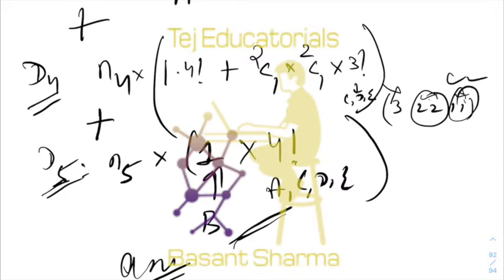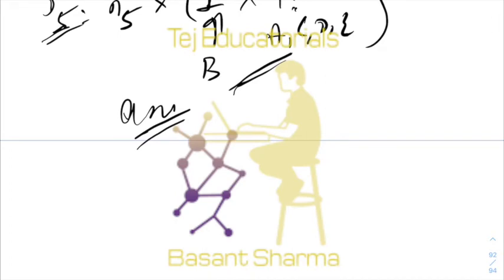All right. Now suppose I ask to find the number of ways of distribution if NA is not equal to NB.